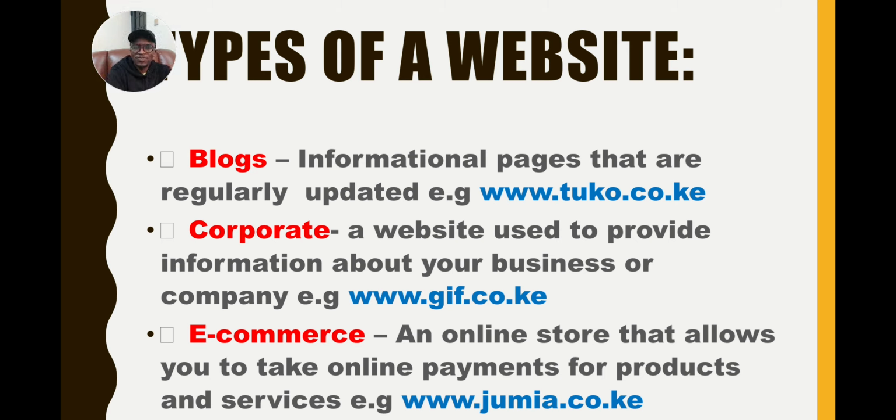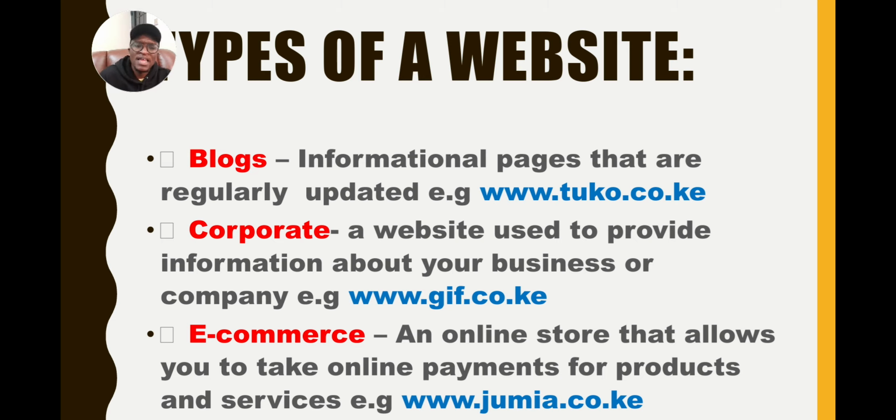We have different types of websites. There are many, but the three major ones include blogs, which are informational pages, for example tuko.co.ke. We have corporate sites. These are sites for corporations. A big business would have a corporate site, like your bank, your lawyer, your dentist, your doctor, somewhere you can go see more about the business and book appointments and request or download some items.